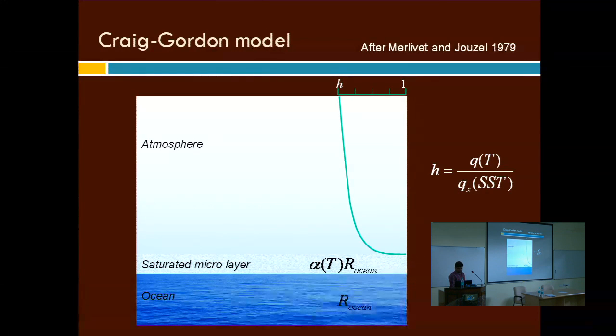Due to that sharp gradient just above this micro layer, all processes are dominated by diffusion, so there will be kinetic fractionation over that region. The final ratio in the evaporated water will be given by this equation. The top part is just the difference in isotopically substituted molecules, and the bottom part is just the difference in humidity.